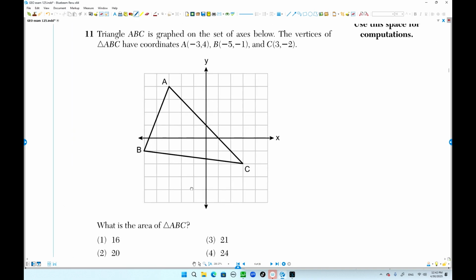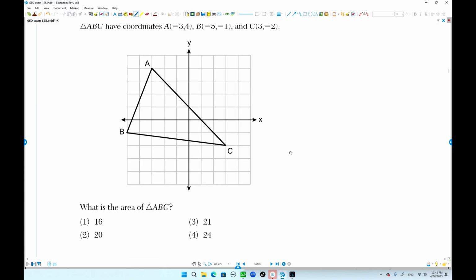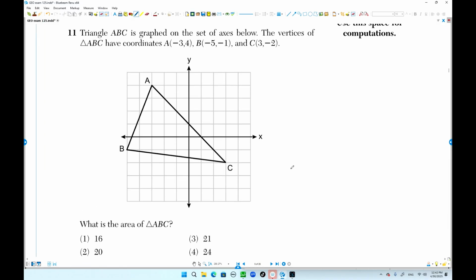And the next one over here. We have a triangle. Its coordinates are given. What is the area of this one? You can use several methods. You can use the shoelace formula, and I'm going to use shoelace. Negative 3 and 4. The second one is negative 5 and negative 1, and 3 and negative 2.